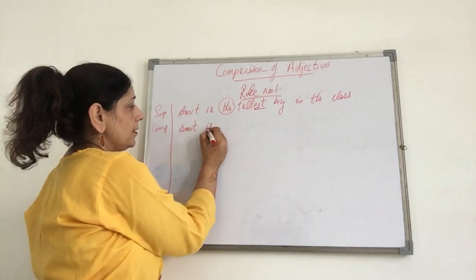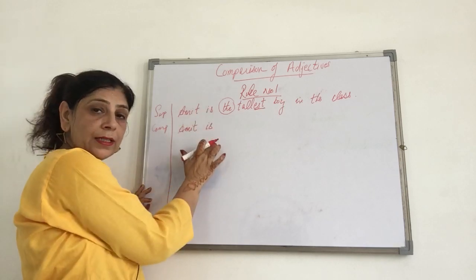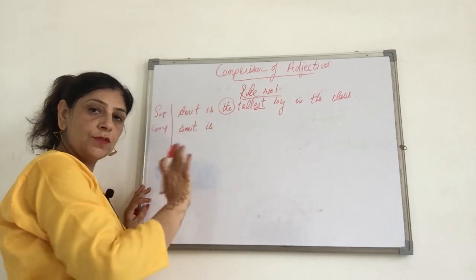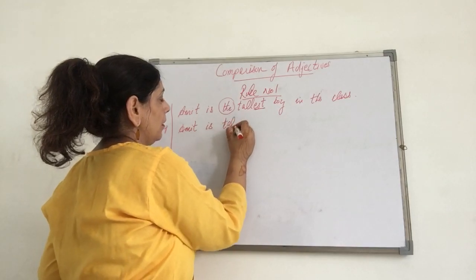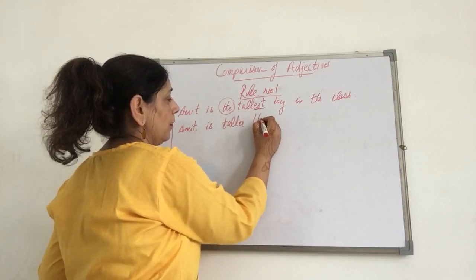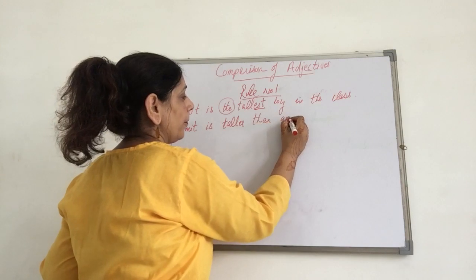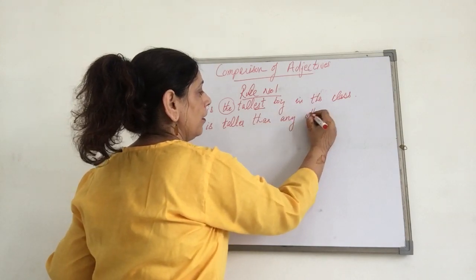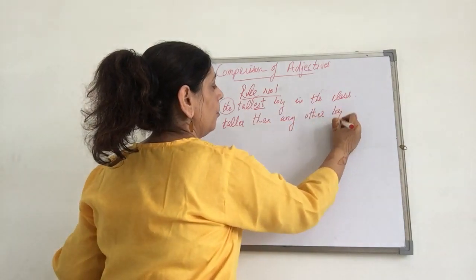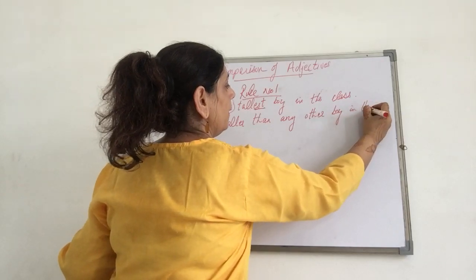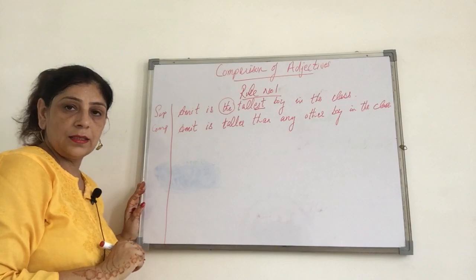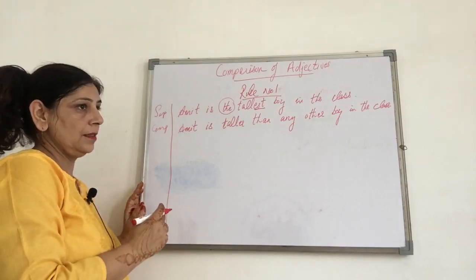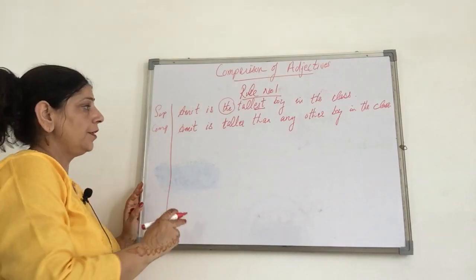Amit is. If the sentence is is, we will write is. If it is was, we will write was, and it will go on like that. Amit is taller than any other boy in the class. This is the answer. That is the comparative degree.